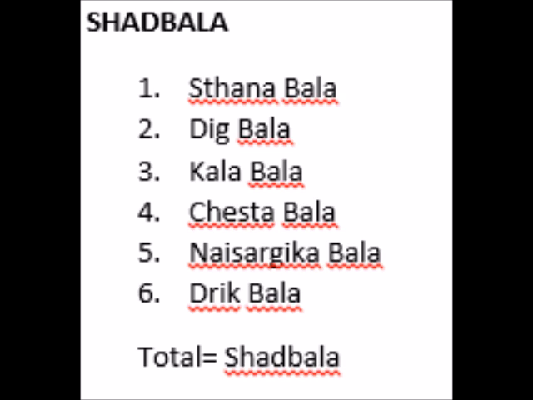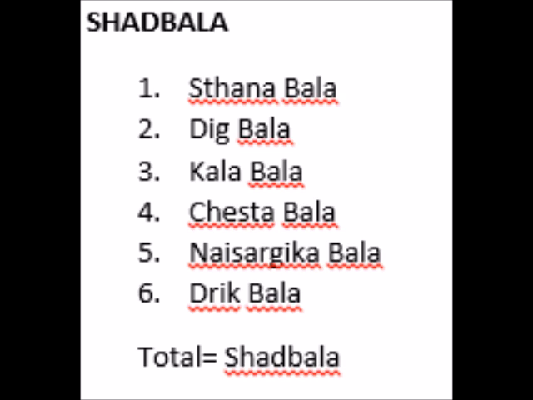And finally, the 6th is Drikbala, which is nothing but a planet getting more or fewer points based on whether it's getting an aspect by a benefic or by a malefic. And when we add these 6 types of strengths, we come up to the final total, the total Shadbala, which determines the strength of the planet and how auspicious or inauspicious a planet is in a birth chart.